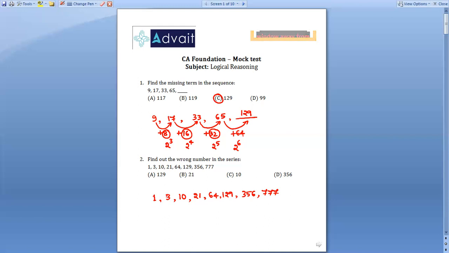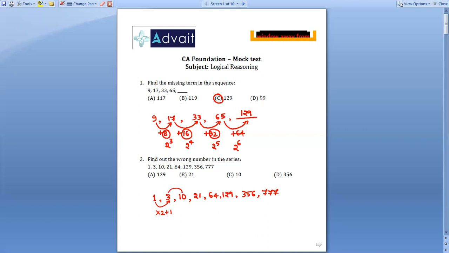So it's an additive and multiplicative series or multiplicative and subtractive series. So let's check. So I'm going to write this 1 and 3 as 1 into 2 plus 1 because I cannot connect 3 and 10 by direct product. So that's the reason I'm just writing 3 as 1 into 2 plus 1.